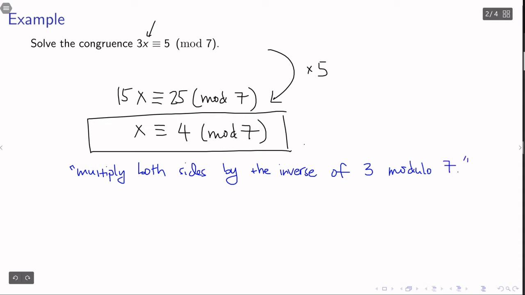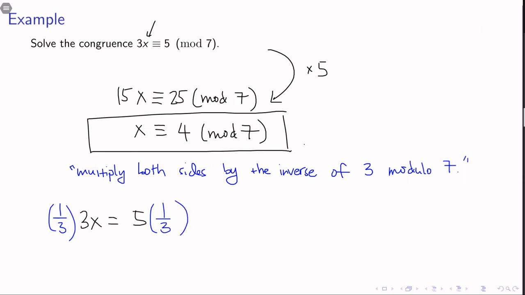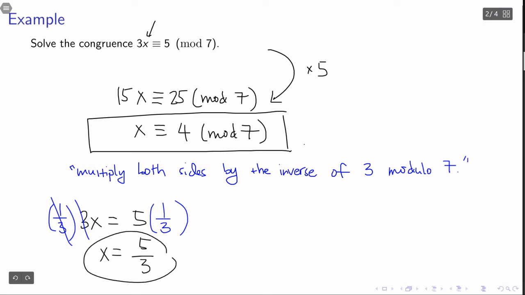And again, the idea there is actually quite similar to the equation scenario. If you have 3x equals 5, well, instead of dividing by 3, you can also think of it as multiplying both sides by 1/3, right? And 1/3 is called the multiplicative inverse of 3 because when you multiply them together, well, you just get 1 on the left. And on the right, it's 5/3. And that's your answer. All right, so this is for equations.